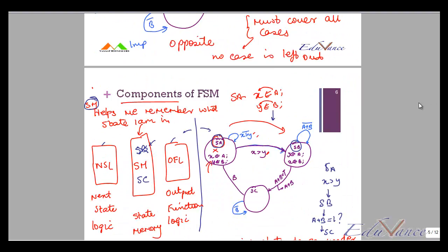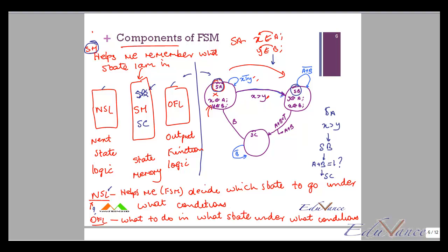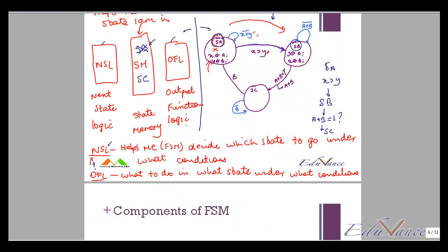We saw that an FSM has a next state logic, a state memory, and an output function logic. My next state logic helps me decide which state to go to under what conditions. My output function logic helps me decide what to do in each state, and my state memory helps me remember which state I am in.